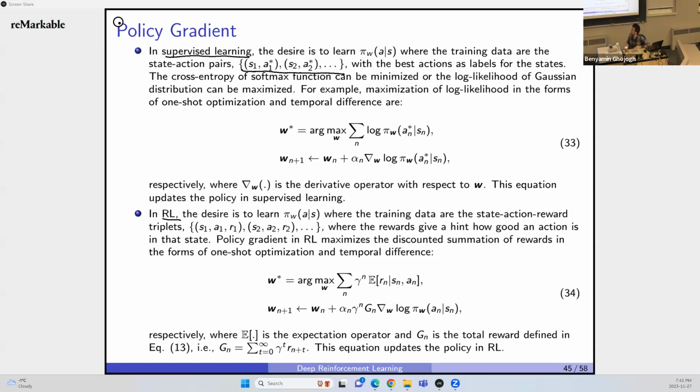Then what can I do? It's like a regression problem or classification problem, whatever you call it. So you can use any loss function for supervised learning, such as, do you agree that, what is this? This is a stochastic policy, right? Of A star given Sn, the best action given state, right?